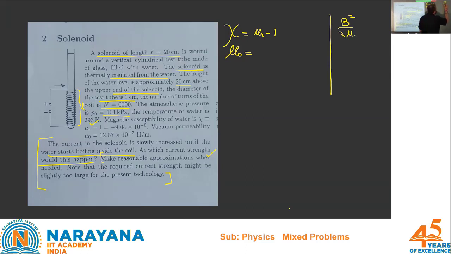We will assume that if the solenoid was carrying some current and I'm looking into a differential volume, I am writing that energy per unit volume as B square by 2 mu naught. And as you fill liquid or water there, that energy converts into B square by 2 mu, which becomes the mu naught mu r term. B square by 2 mu naught mu r, which was earlier B square by 2 mu naught. Something of that sort.